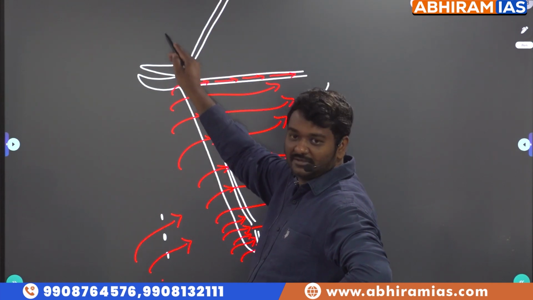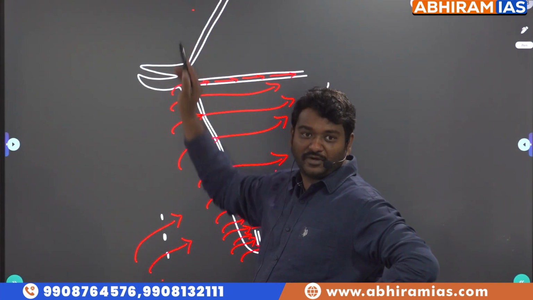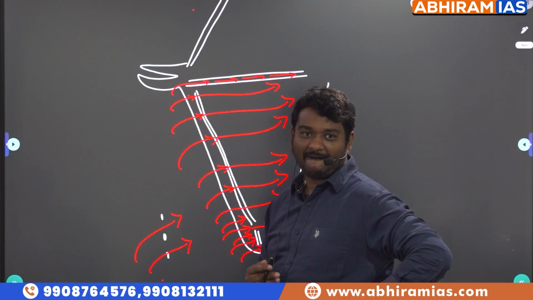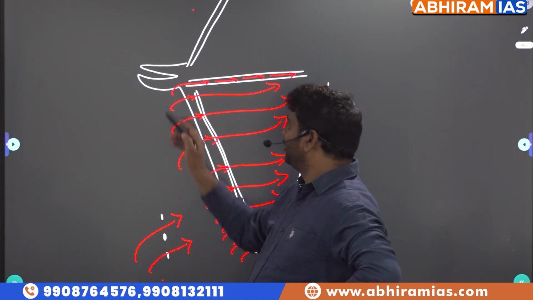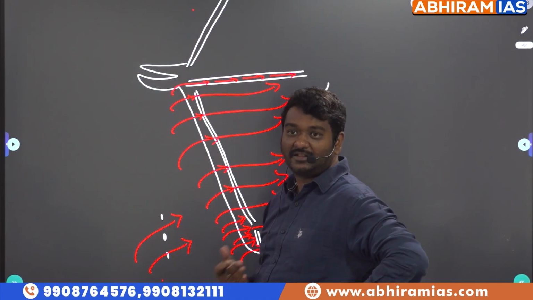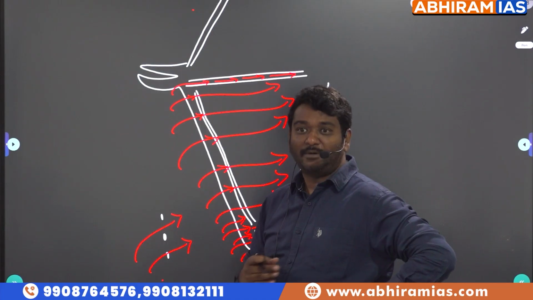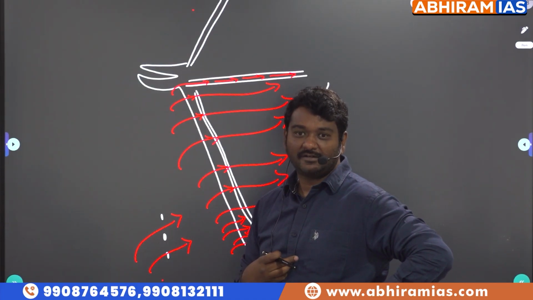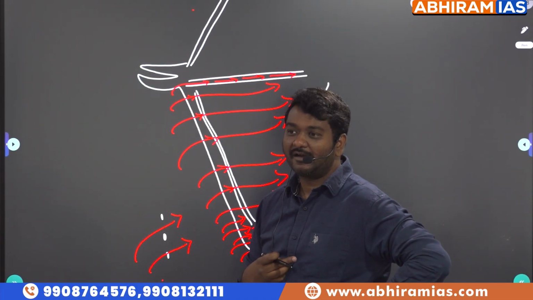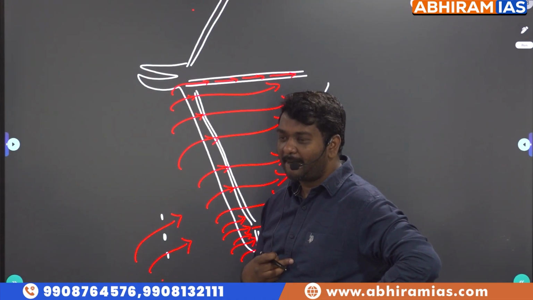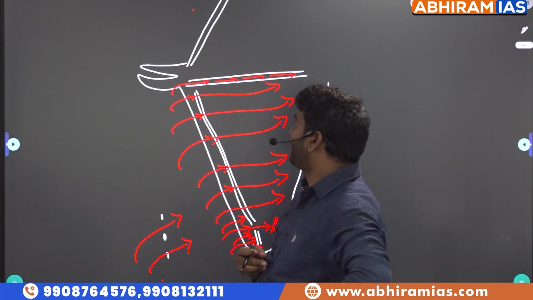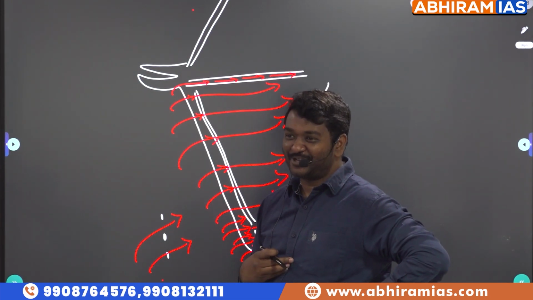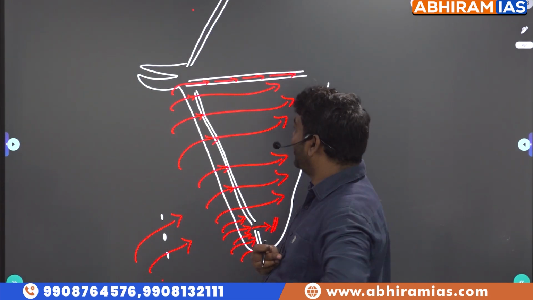If you are going like this, Gujarat and Rajasthan are windward, and the mountains are very good. Clouds are not there. Okay.